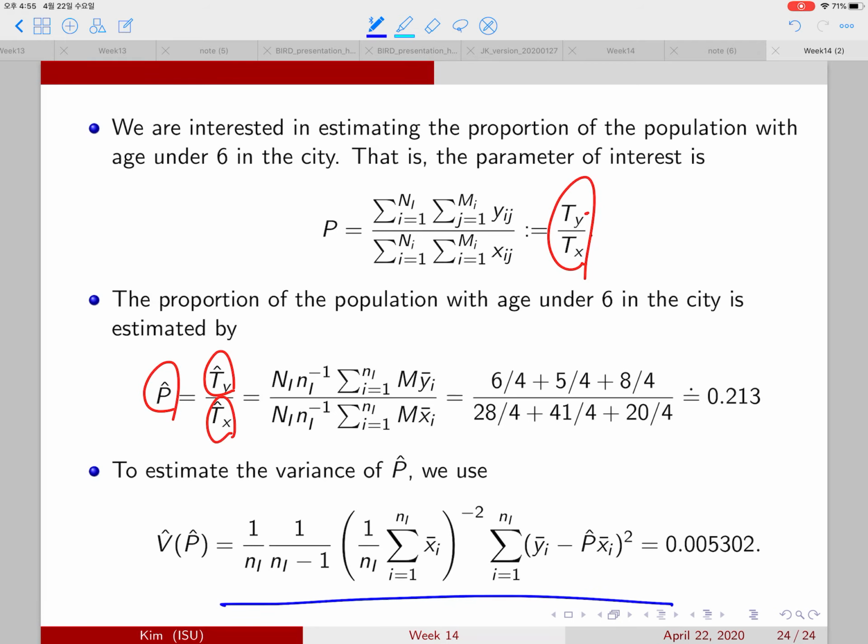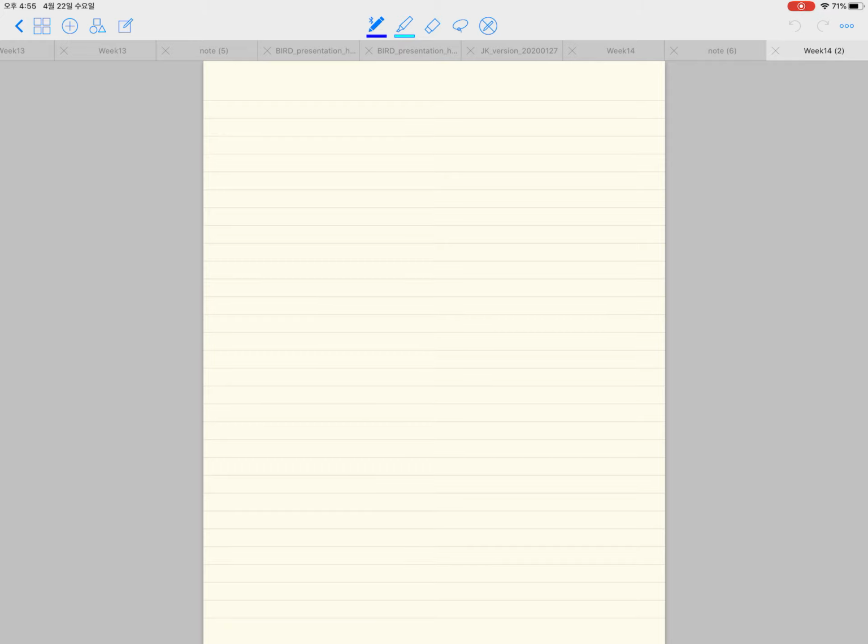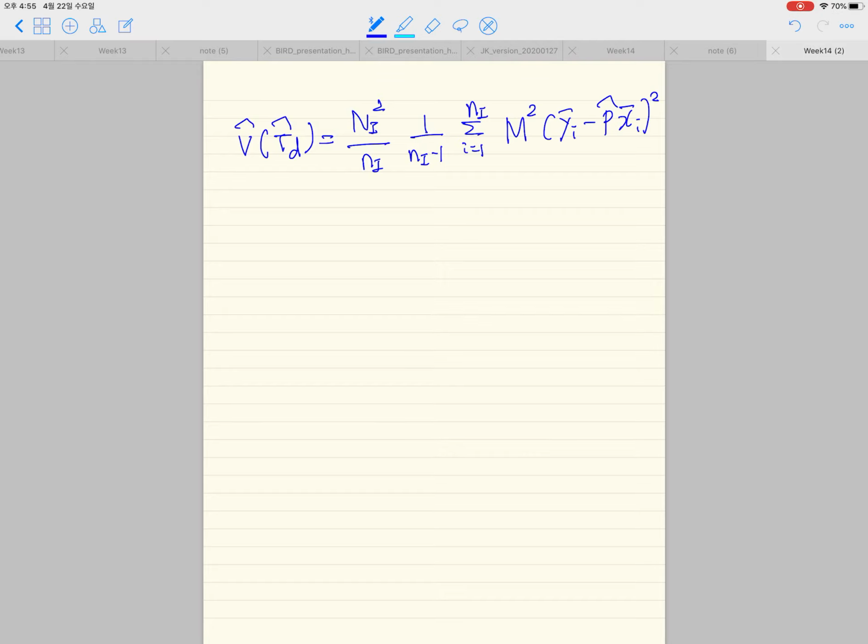That's what we had here. So basically my point is that the variance of t hat d is N squared over n times 1 over n minus 1 times the sum over i from 1 to n of m squared times y bar i minus p hat x bar i squared, and then the variance of p hat equals 1 over t hat x squared times the variance of t hat d.